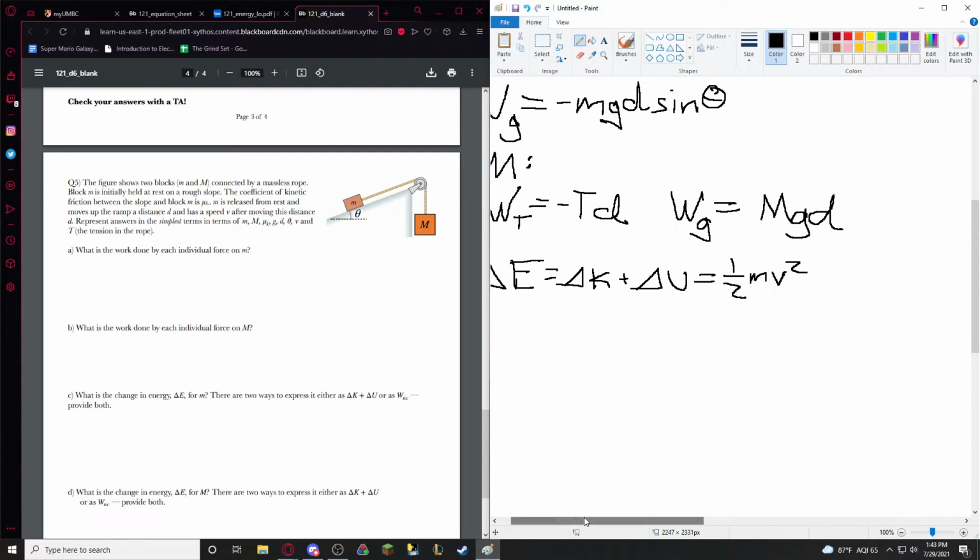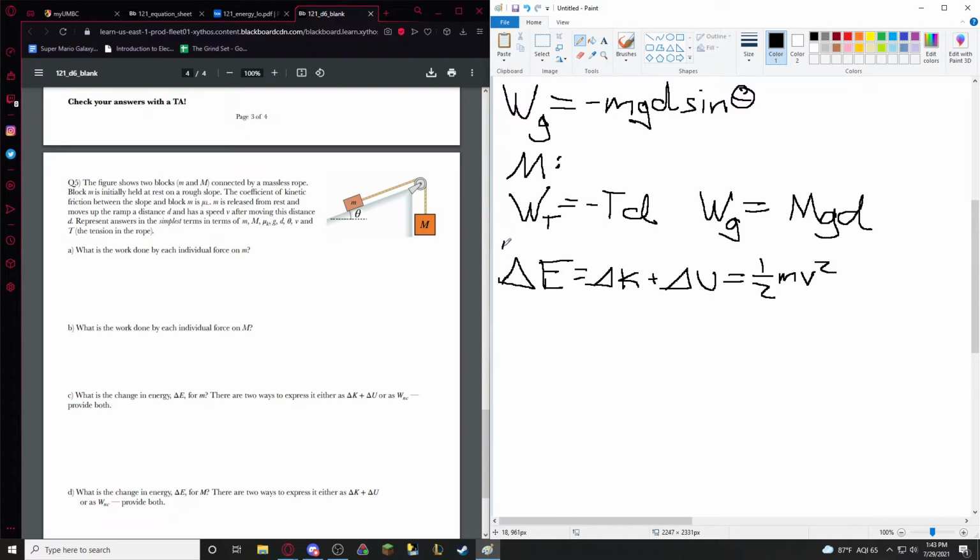What about the potential energy? The potential energy would compare the final minus the initial. It wouldn't lose. I think it would gain potential energy as it goes up because it's getting higher and higher on the ramp.